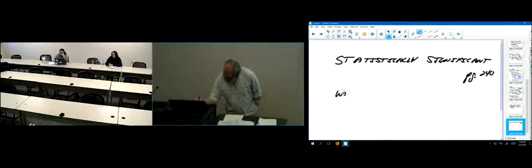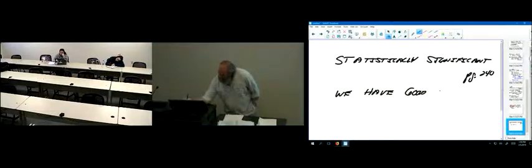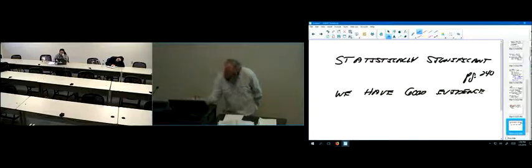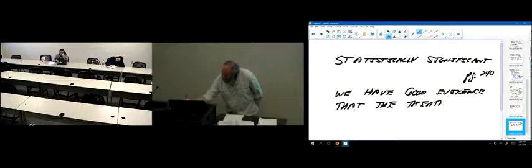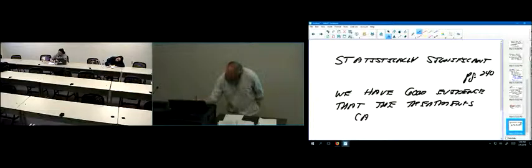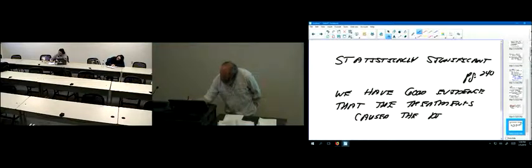It means we have good evidence, which is what we set out to do, that the treatments caused the differences in the response variable.